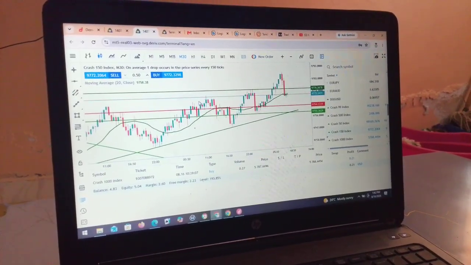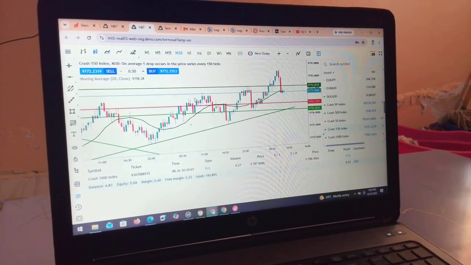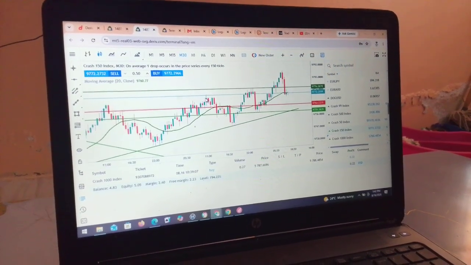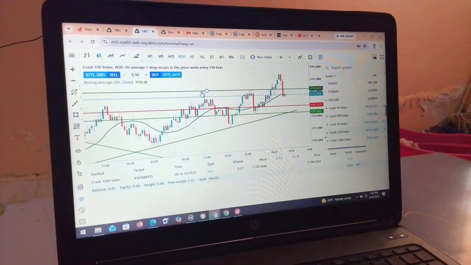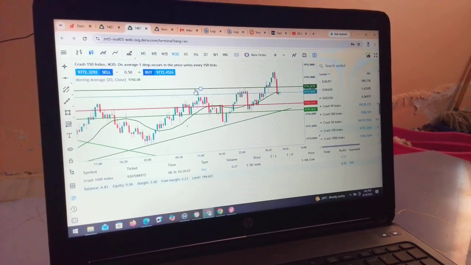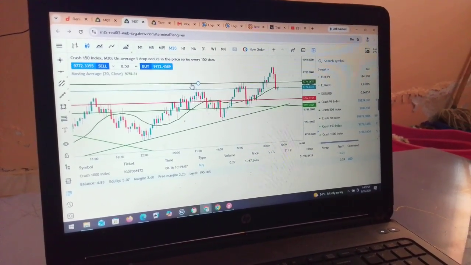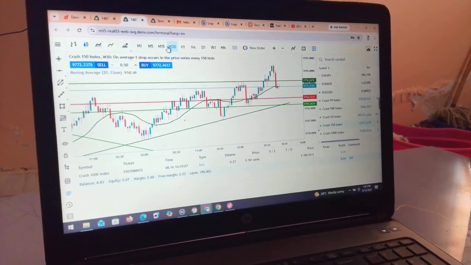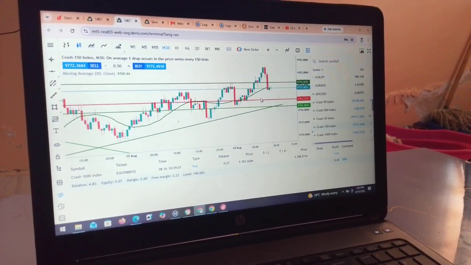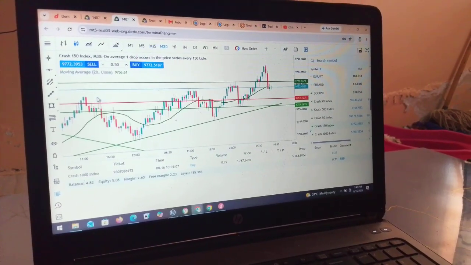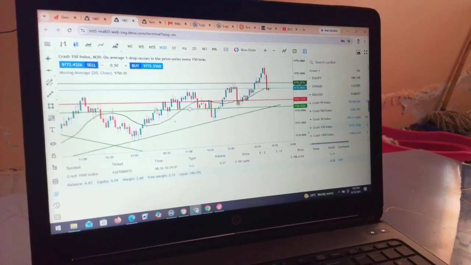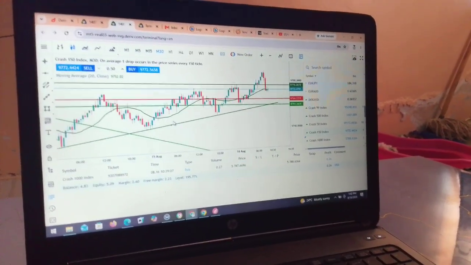As you know, a support level is an area on your chart where you find buying pressure, whereas a resistance level is an area on your chart where sellers come in, and you find selling pressure. But mostly I like analyzing synthetic indices using trend lines. They usually respect trend lines very much.